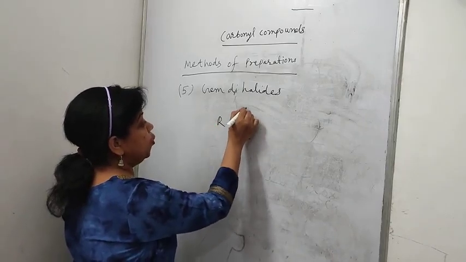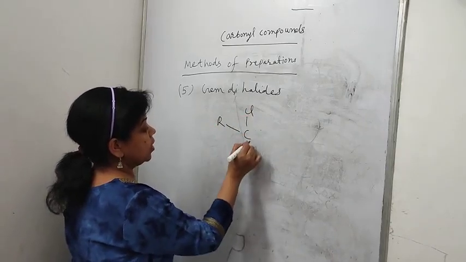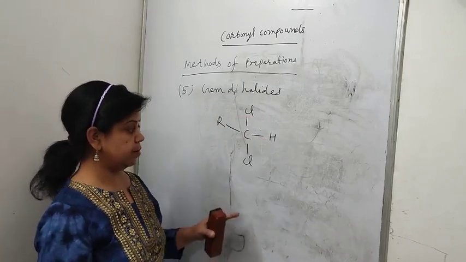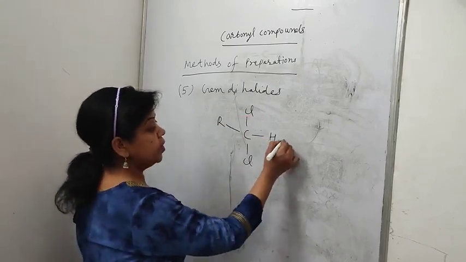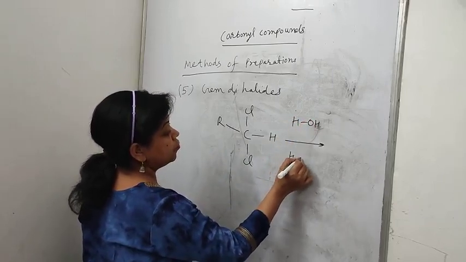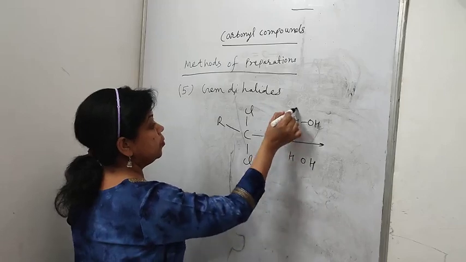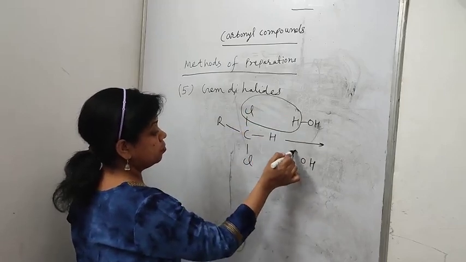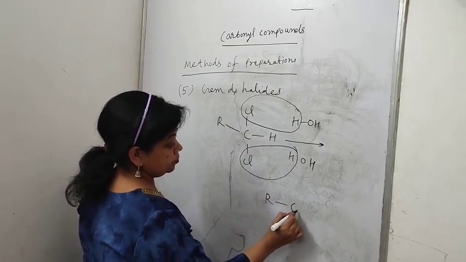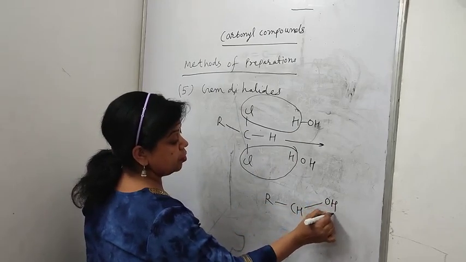When both the halogen atoms are present on the terminal carbon, you have to perform hydrolysis on it and you will be able to get this type of structure.